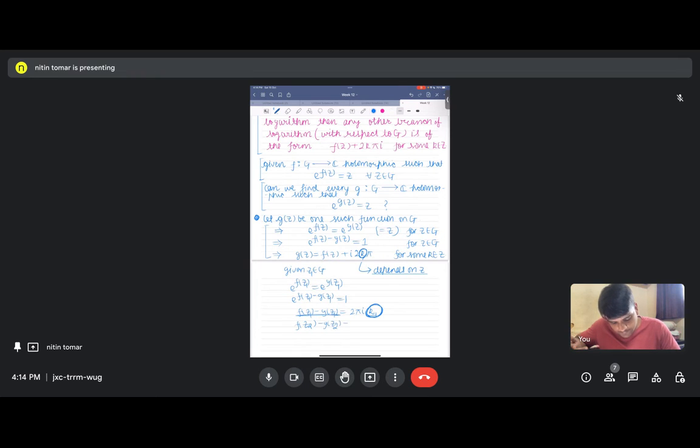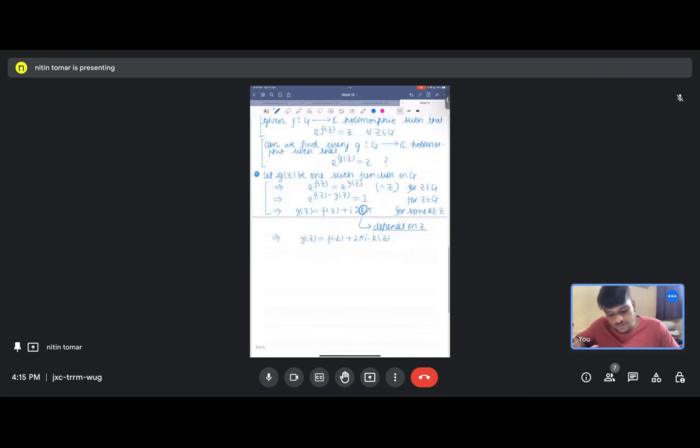So actually, now I think you have got it. This should be written as f(z) is equal to g(z) plus 2 pi i times k(z), because k is a function of z. Now it is correct. Do you all agree?